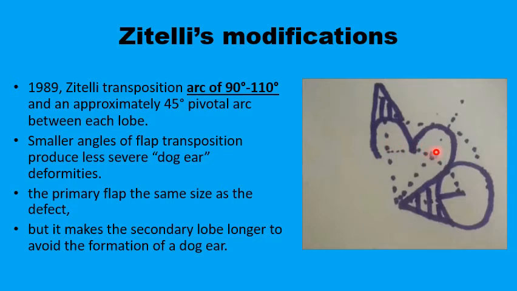And this reduced the tension on the tip of the flap and reduced the shortening effect and the potential retraction of important landmarks. He also suggested to have the second lobe elliptical or triangular in shape to ease the primary closure of the defect.